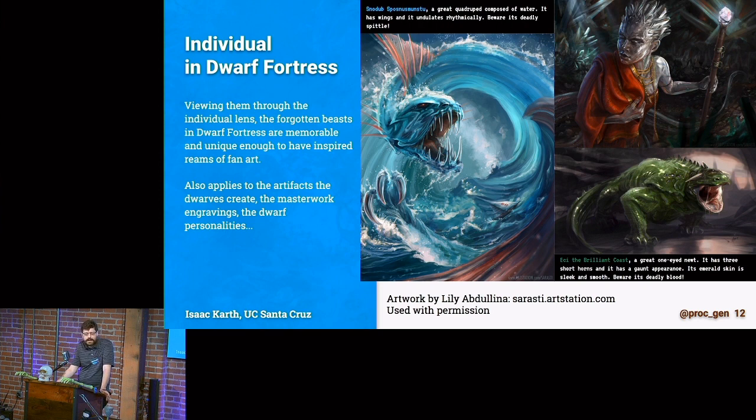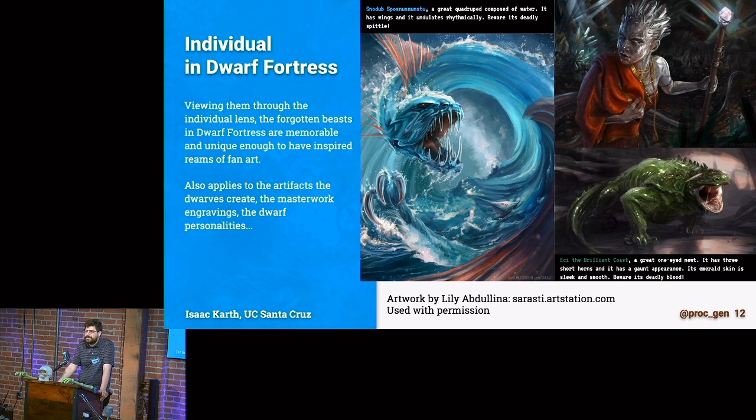For a concrete practical example, let's consider the Forgotten Beasts in Dwarf Fortress. These are really popular with the fan base, and they're short descriptions, but they're evocative enough that there's reams and reams of fan art. And I've asked this particular artist if I could use these illustrations of some specific Forgotten Beasts.